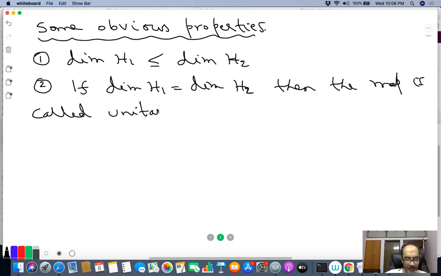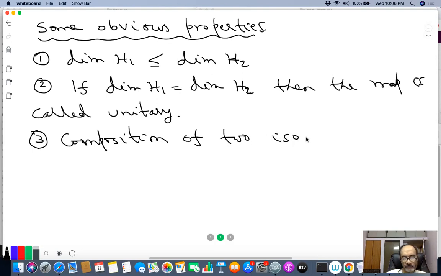So isometry is a somewhat more general version of unitary maps, where the target may have larger dimension than where you start. The third property, which is also obvious, is that the composition of two isometries is an isometry.